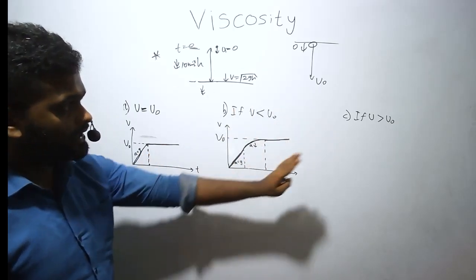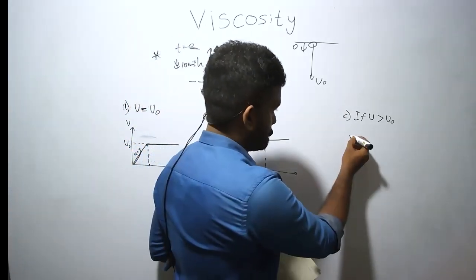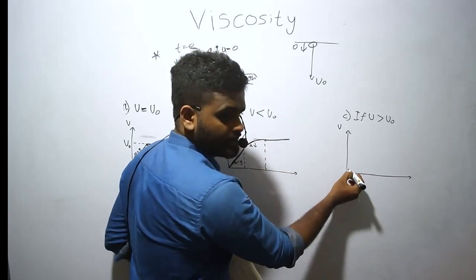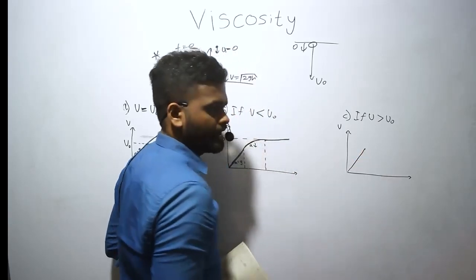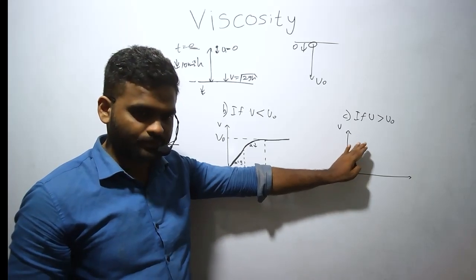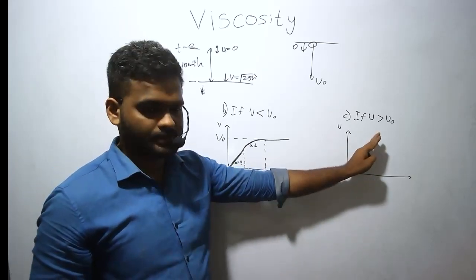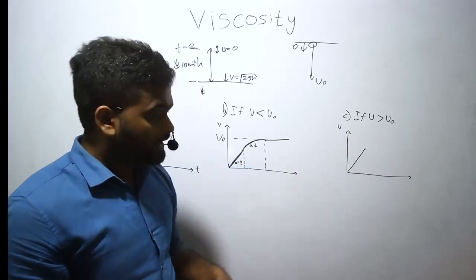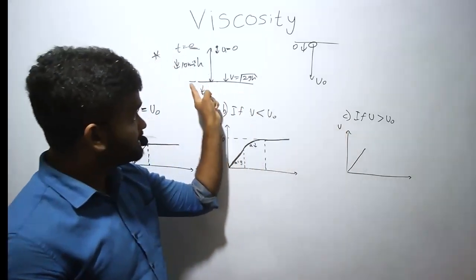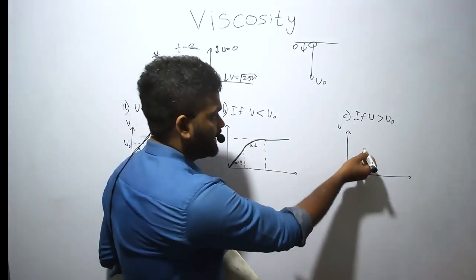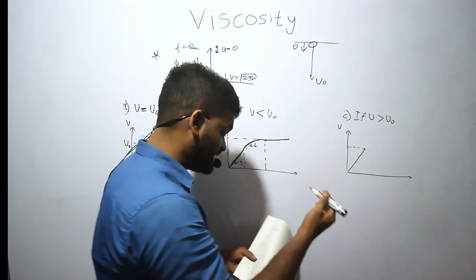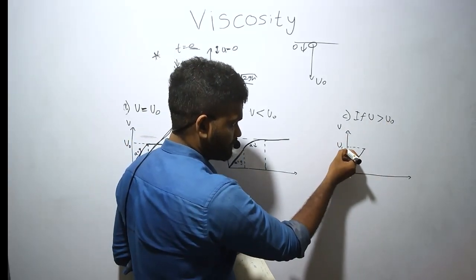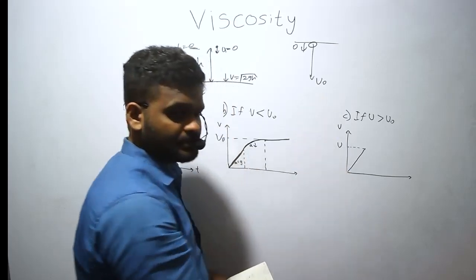Right? Then case C. As usual, it just drops through air, constant gradient, gravitational acceleration. And as it hits the liquid surface, it has a velocity which is greater than terminal velocity.